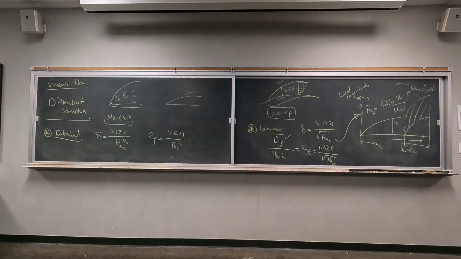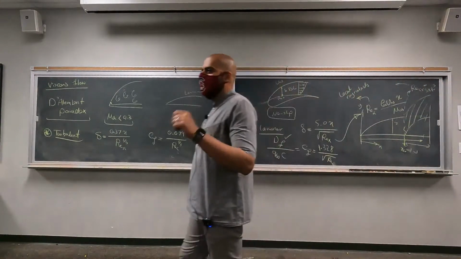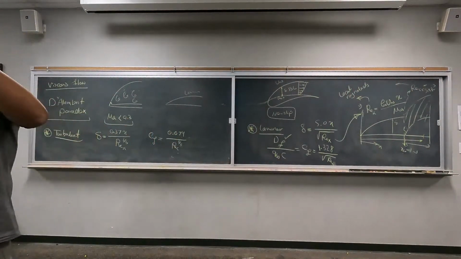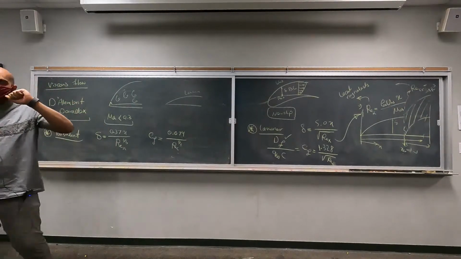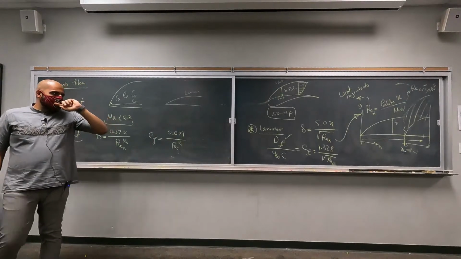Is that what you're telling me? I'm not sure I'm following. I think you are talking about the fact that within the turbulent boundary layer we have different regions, right? Is that what you're saying? But I'm not sure I'm following what you're saying. Okay. Is there any other opinions?